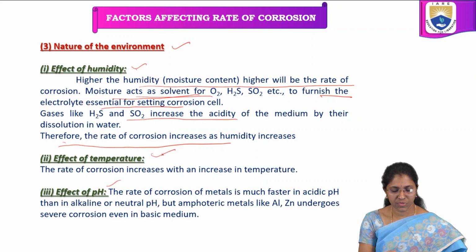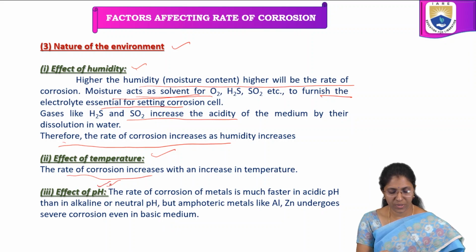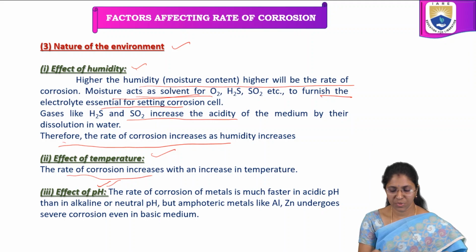Effect of temperature: we all know that the rate of corrosion increases with increase of temperature. And also the effect of pH. The rate of corrosion of metals is much faster in acidic pH than in alkaline or neutral.